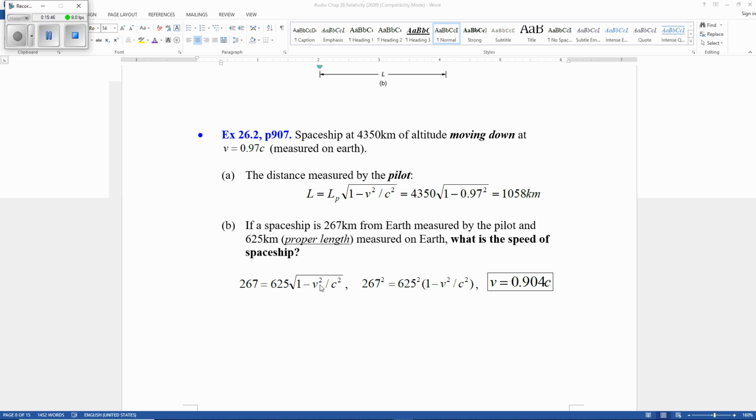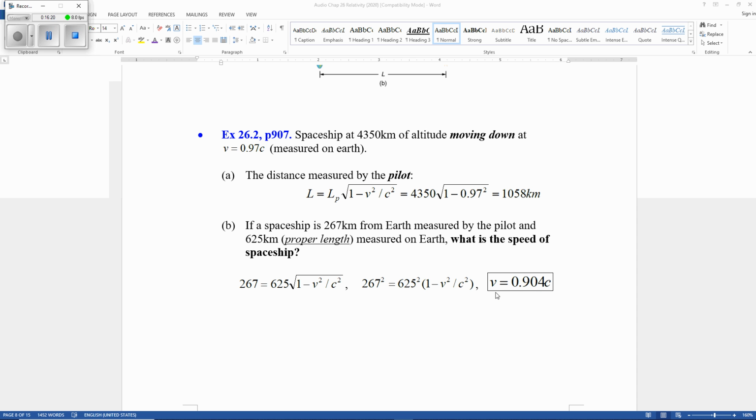We want to cancel the square root, right? So we square both sides: 267 squared equals 625 squared times the expression, and the square root cancels. Now you know how to do it. You open the parentheses and solve for v. Finally, the answer should be given here.